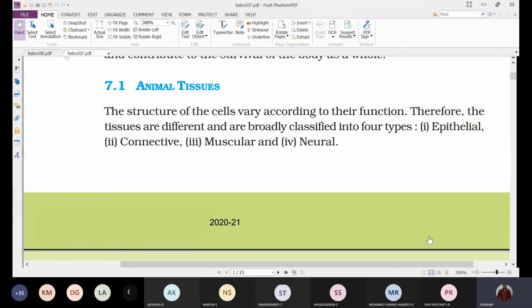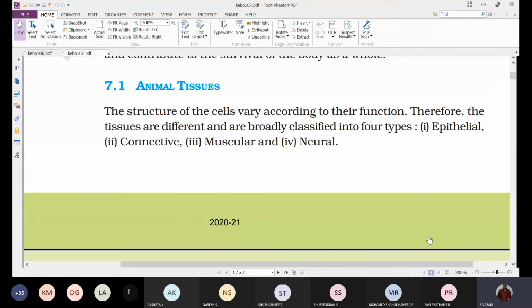They need to transmit the nerve impulse from one part of the body to another part without being moved. The nerve cells will not move from one place to another, but the impulse is transmitted from one place to another through the nerve cells.